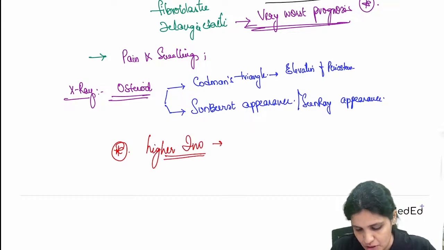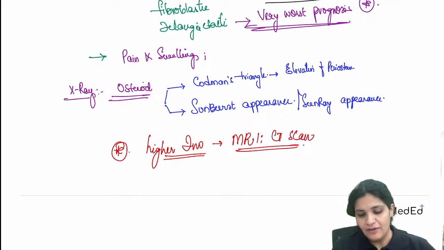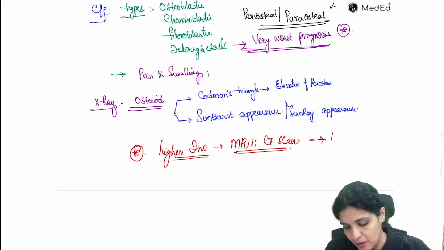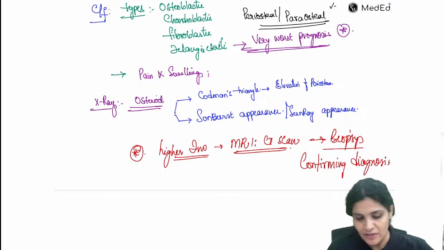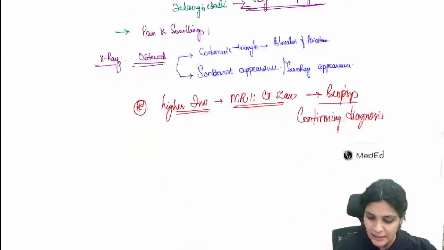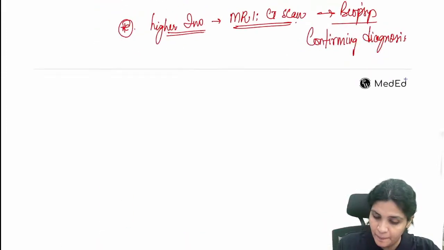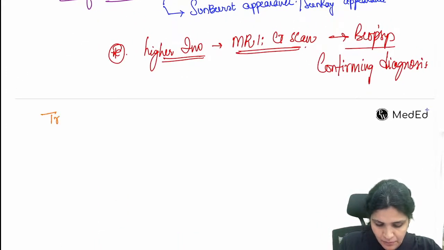So we can usually go for an MRI scan, right? And then finally we end up with a biopsy to confirm the diagnosis, right? So once we confirm the diagnosis, then we go for the treatment.